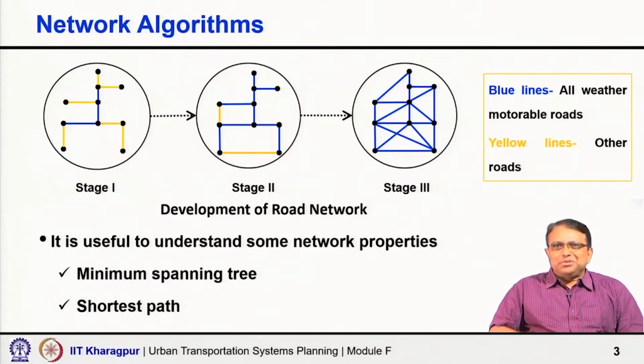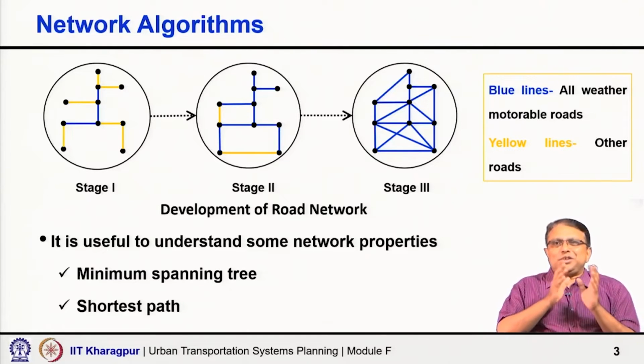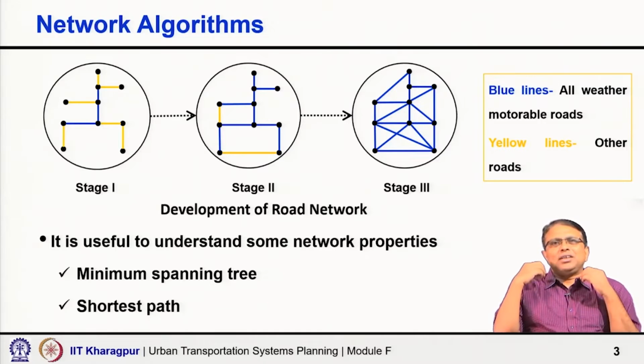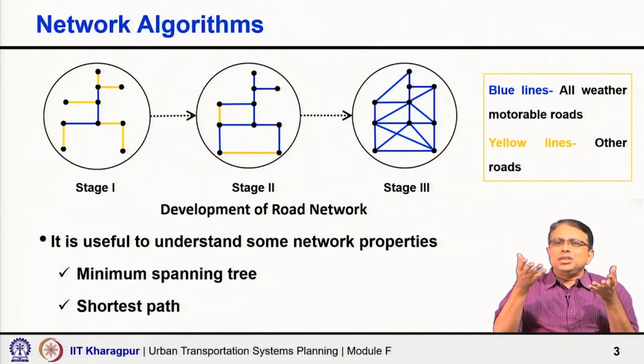That is stage 3. And any city, any town, any urban area could be somewhere between stage 2 and stage 3, better than stage 2. The highest level is stage 3, where for practically nearly 100% of OD pairs you have alternatives, and in between will be all other cities and towns.